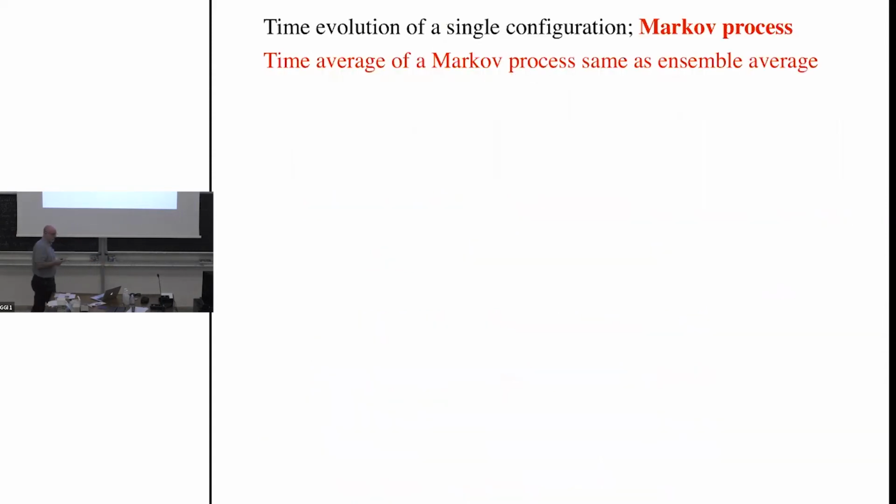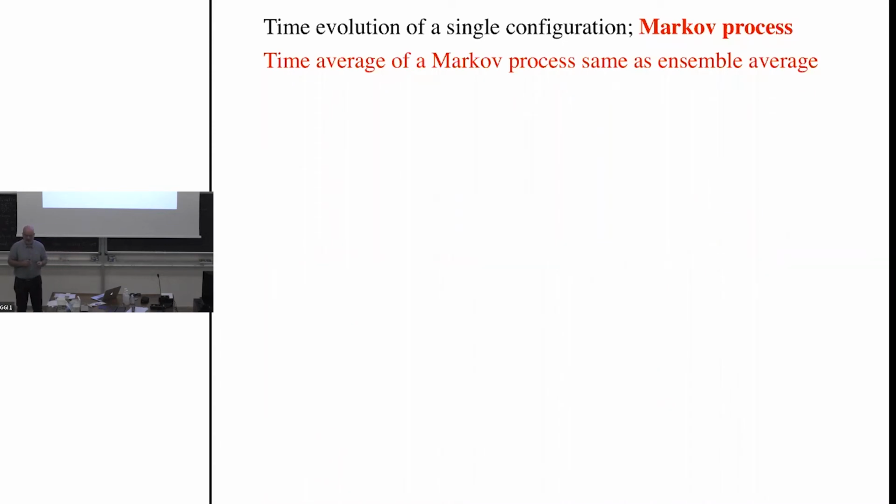Right. So now, like we always do in statistical mechanics, you can talk about an ensemble, which sort of means that you imagine many of these systems in parallel, and you can talk about distributions and how they evolve.